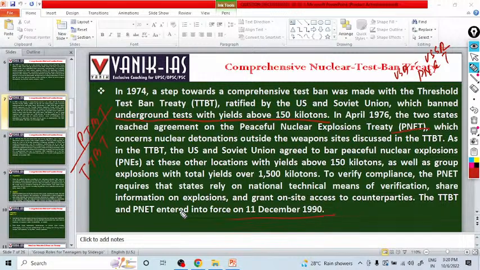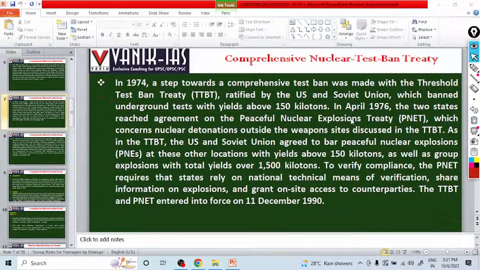And the PNET was the Peaceful Nuclear Explosion Treaty signed between USA and USSR. So these are all the PTBT, TTBT, PNET. All these are the predecessors of the CTBT. When CTBT was signed, all these treaties lost their relevance.